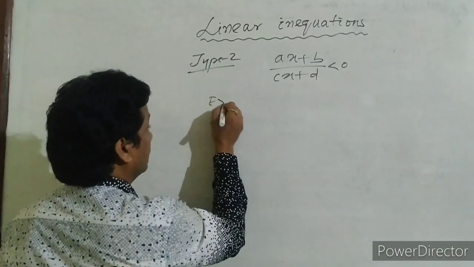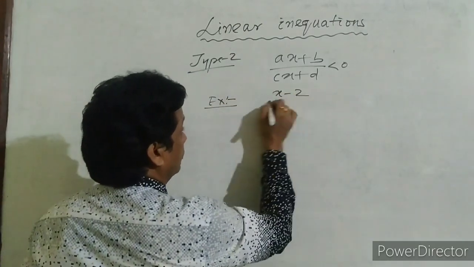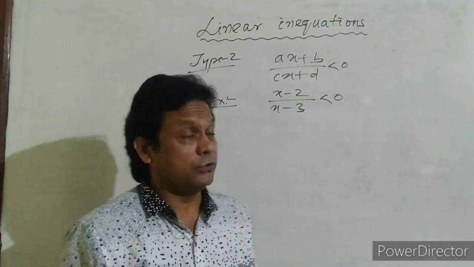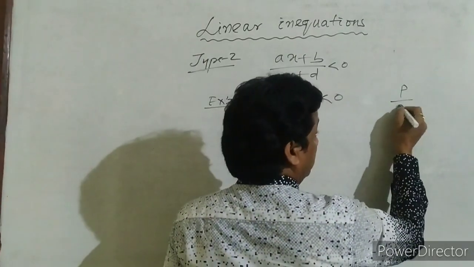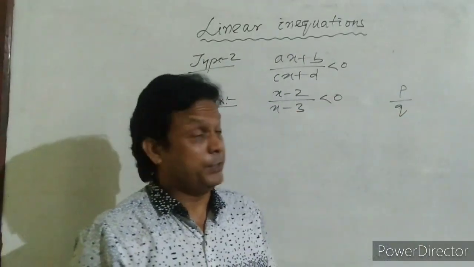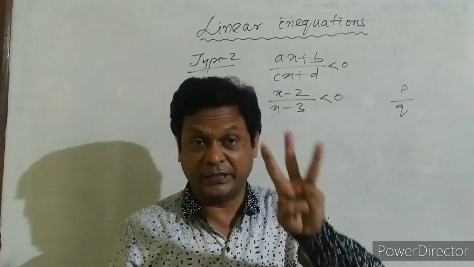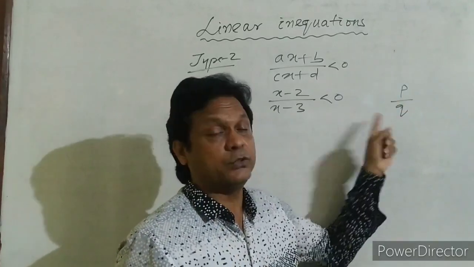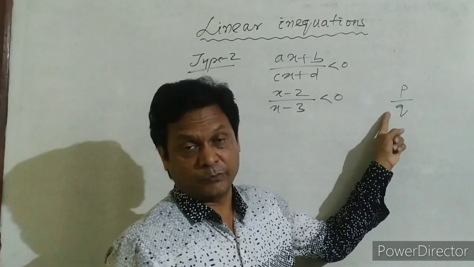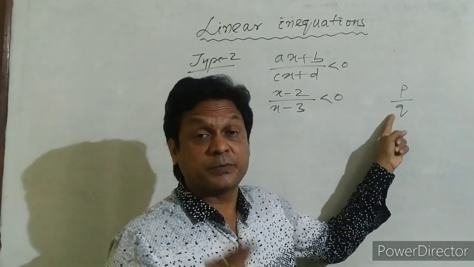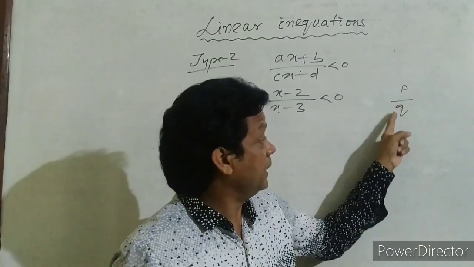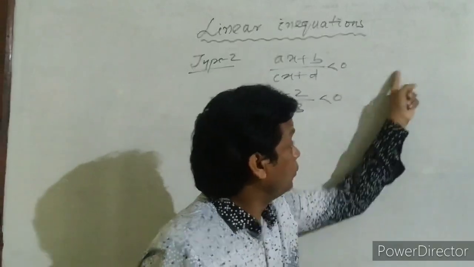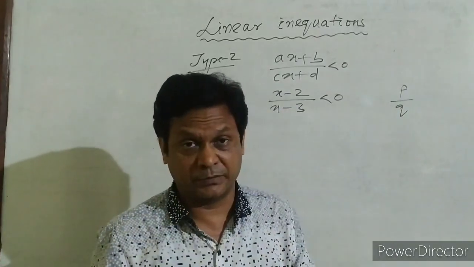See here: (x - 2)/(x - 3) < 0. First of all, I am going to tell you under what condition p/q is positive, p/q is negative, and p/q is 0. If both p and q are of the same sign, meaning both positive or both negative, then the whole p/q is positive.